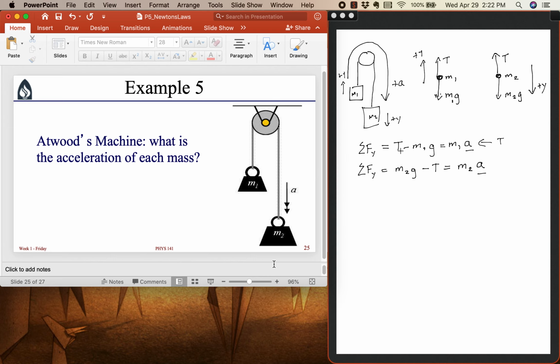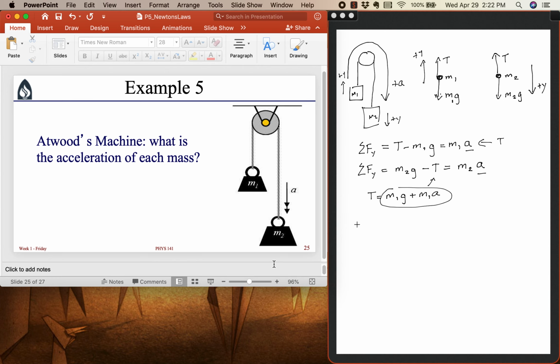So if I solve this first equation for tension, I can move this first term to the other side, and I will have that tension is equal to M1G plus M1A. Then I can take this expression and plug it into this second equation for tension, since it's equal to the tension force.